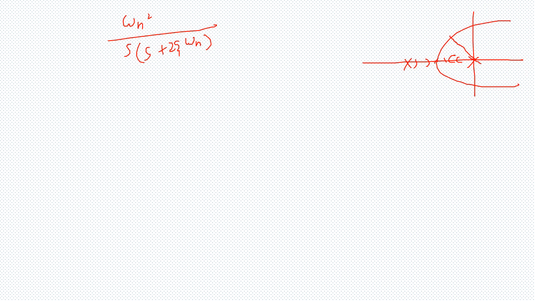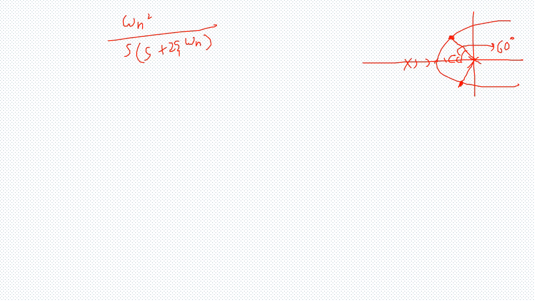So he wants us to find at what gain this point is intersected such that this is 60 degrees. How to proceed? We need the value of K for which that happens.